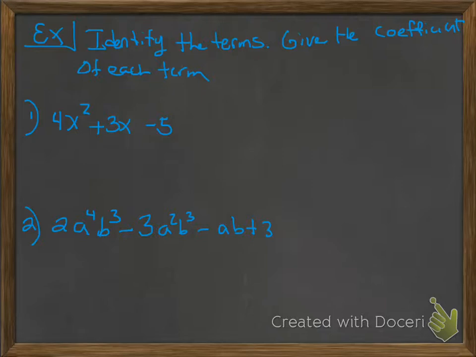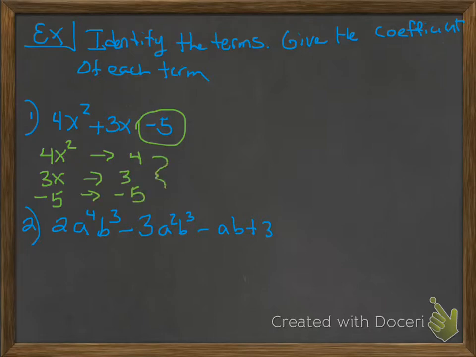So my terms here are 4x squared is a term, 3x is a term, and -5 is a term. Notice that I bring that entire piece together as a negative. My coefficients are 4, 3, and -5. So these are all the coefficients.